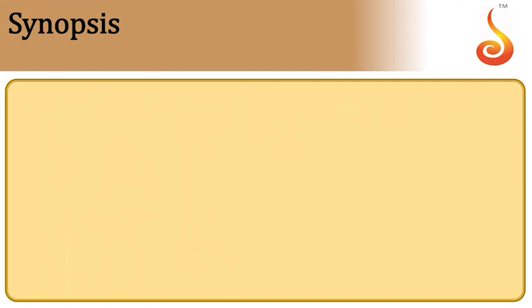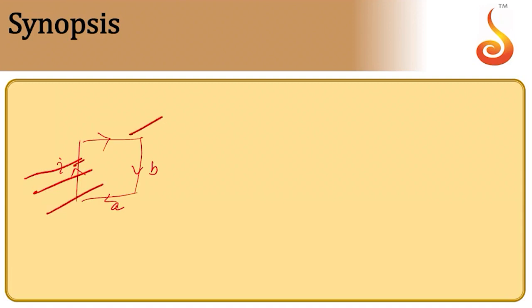However, if I consider a current loop like this, let's assume that the current is I. This rectangle of sides, say A and B, is kept in a magnetic field like this. Let's assume that the magnetic field strength is B, and it subtends some angle with the perpendicular drawn to the loop.